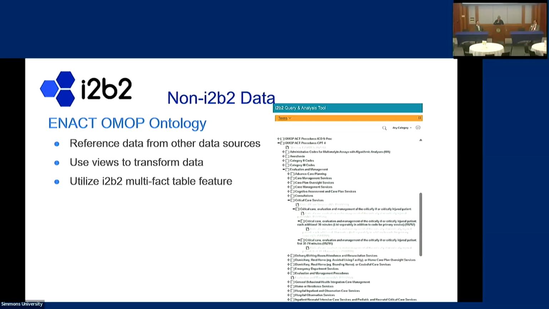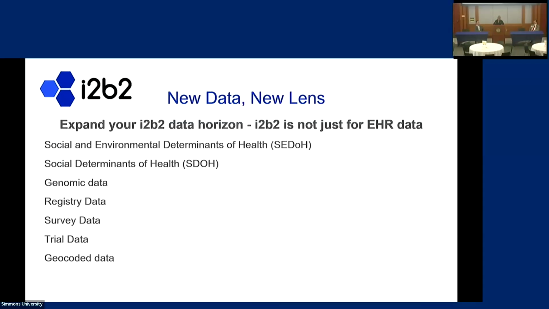What happens is you're transforming the OMOP data into a view that looks like an I2B2 observation fact table, and you're using the multi-table feature to access the different tables. So when you run a query using multi-fact, you can tell it, look in this ontology and this ontology to find the concept in this table. So when you have a lot of tables, you can do that. So those are the examples for that.